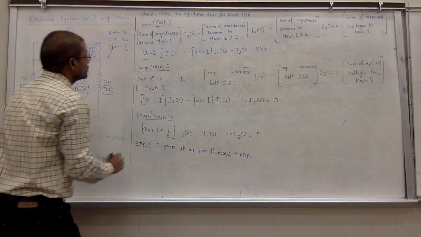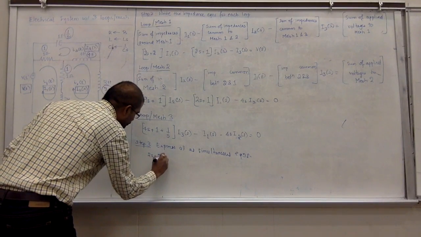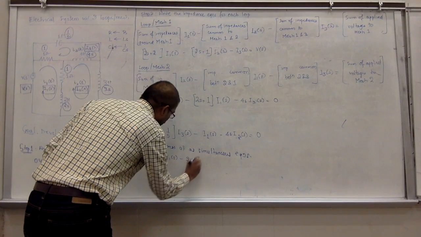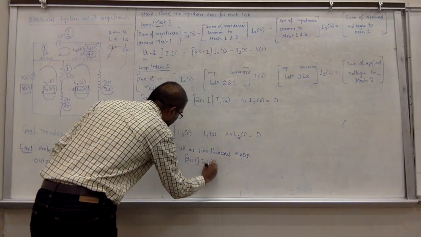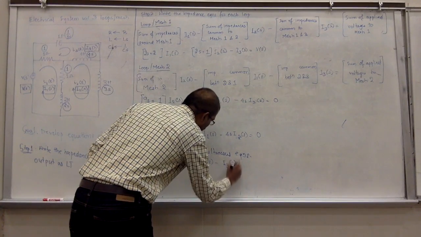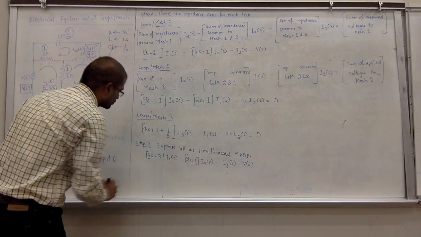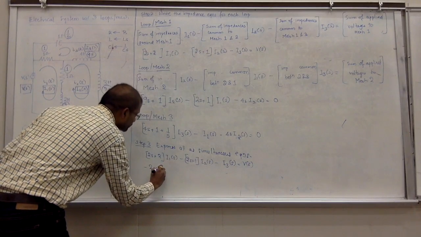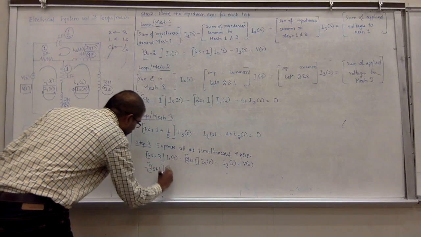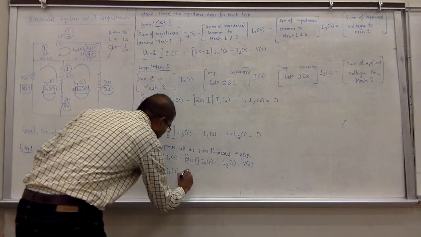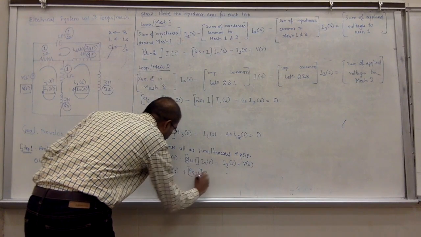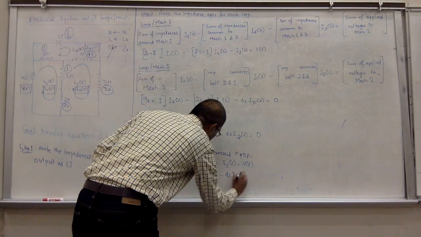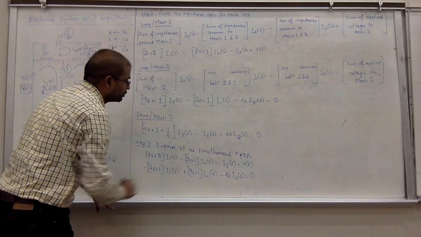We have 2s plus 2, minus 2 plus 1, minus, finally 1.